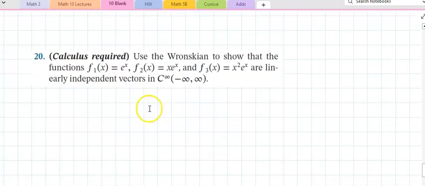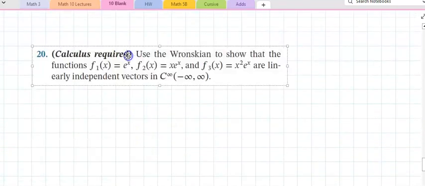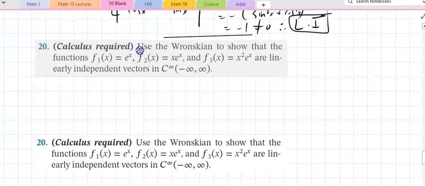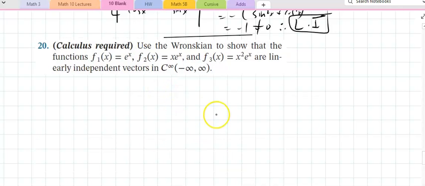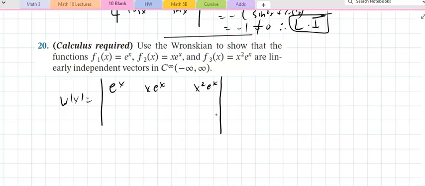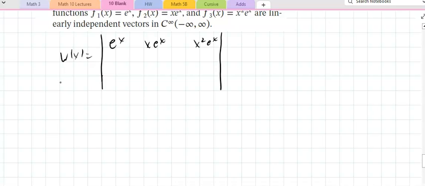If I look at the next problem, this one is a bit more work. Find the Wronskian of e to the x, x e to the x, and x squared e to the x. Now, I could do a few things on this problem. I'll do it after I get the actual values.